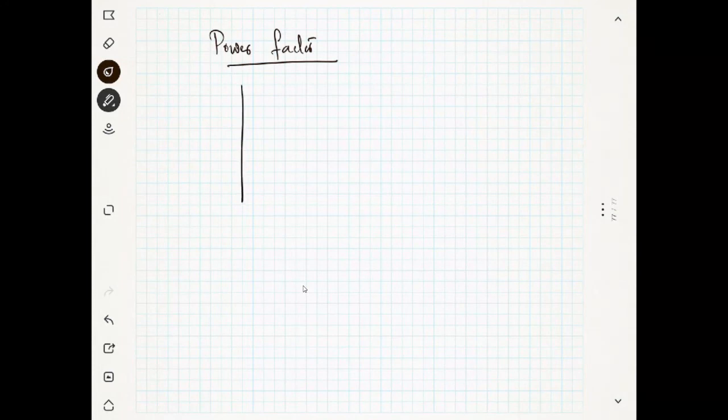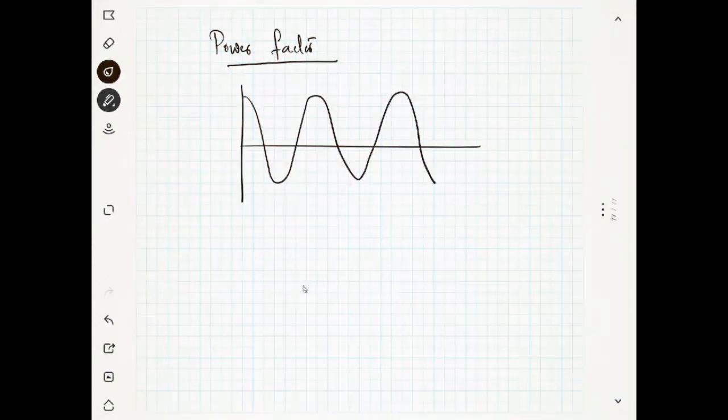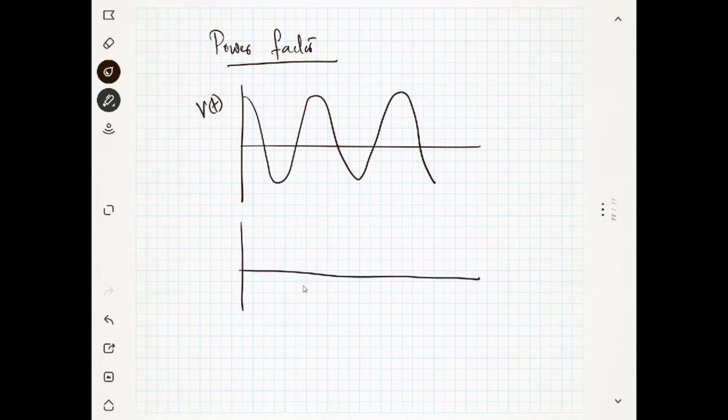Suppose you have a voltage waveform like this. This is a voltage waveform, V of t. Suppose you have a current waveform, which is a delayed version. The current is lagging the voltage by some angle. Let's say the angle is not 90 degrees, that will create a problem.